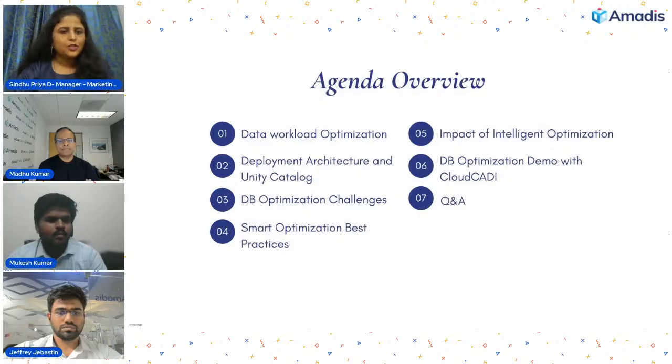Then they'll dive into the Databricks optimization challenges that prevail in the industry, followed by the best practices to overcome all of them. We'll also discuss the benefits of intelligent optimization, implementing the best practices. Then we'll also show a quick demo of what our flagship product CloudCADI does for Databricks optimization. And as I said, the end will be the question and answer session.